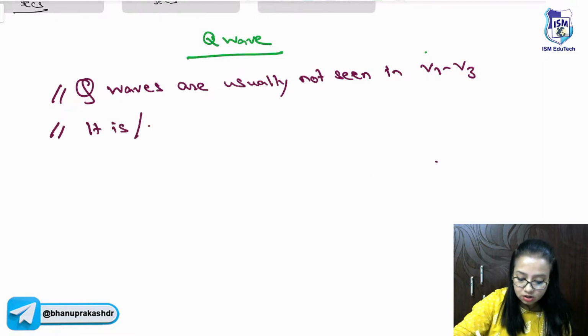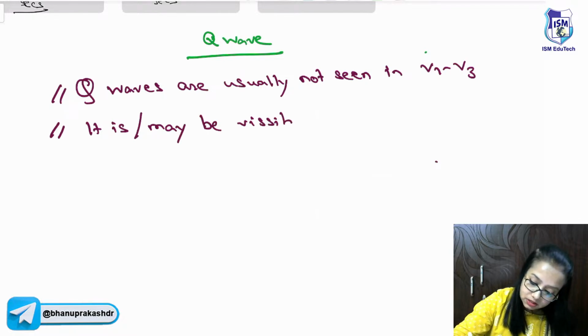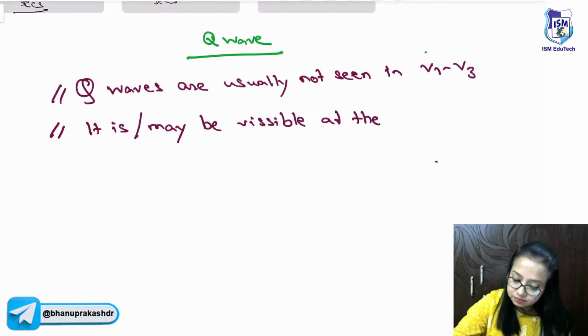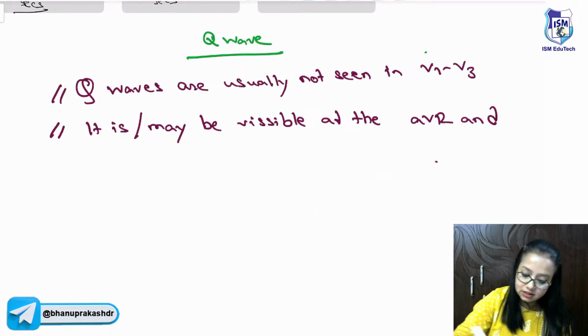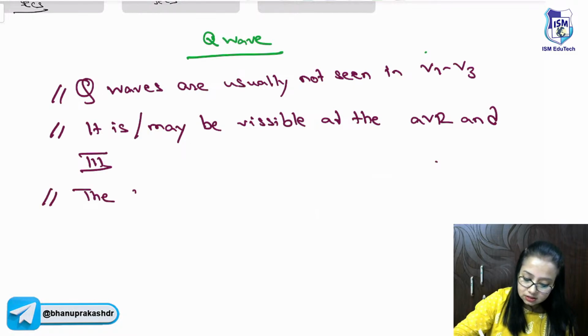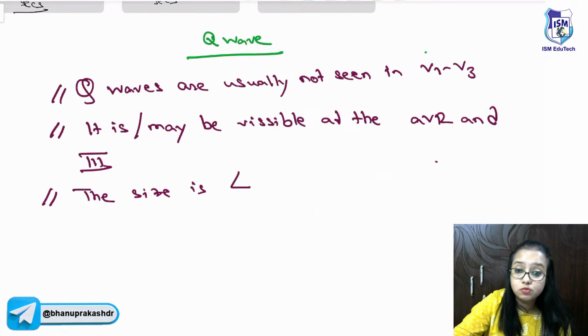It may be visible at the aVR and the inferior lead 3. Here, the size of the Q wave is less than 2 millimeter in amplitude.